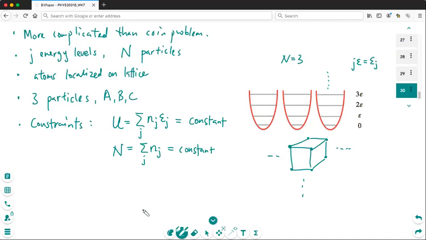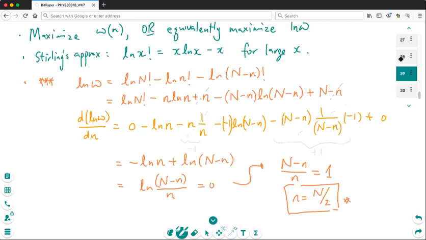We are going to do this mathematics in a general way. That is to say, when I do the differential, dU is 0 and dN is 0. These are the 2 constraints, and I still have to maximize the total number of microstates, just like what I did before. So I have another differential, d log omega, like before for the coin problem.